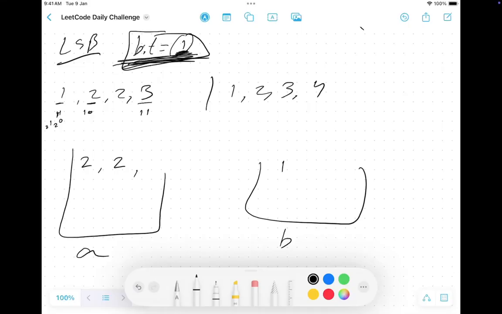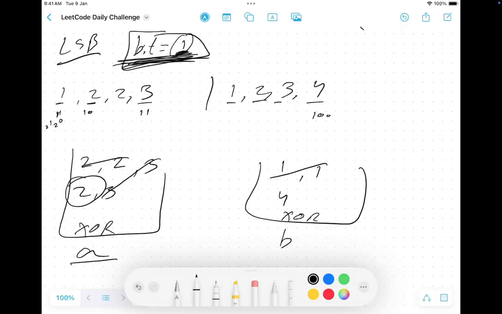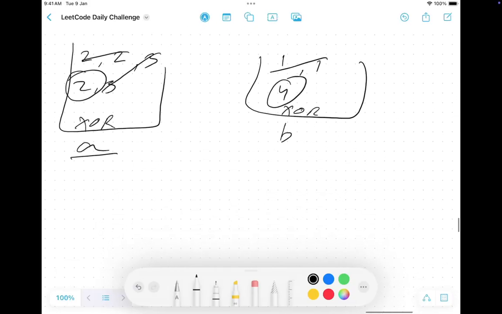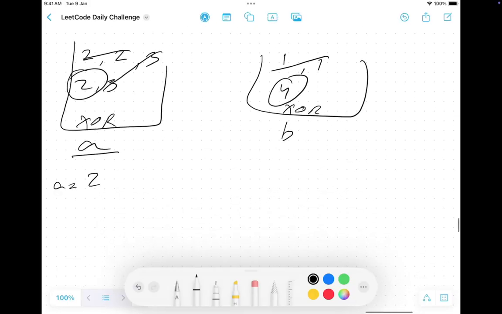3 is this, 3 belongs here. We have 1, 1 belongs here. 2 belongs here. 3 belongs here. Then we have 4. 4 is this, 4 belongs here. So this will cancel out, this will cancel out. We are doing XOR here. This will cancel out. Then A is 2, B is 4. So we identified A and B, but we are not sure whether A is repeating or B is repeating.